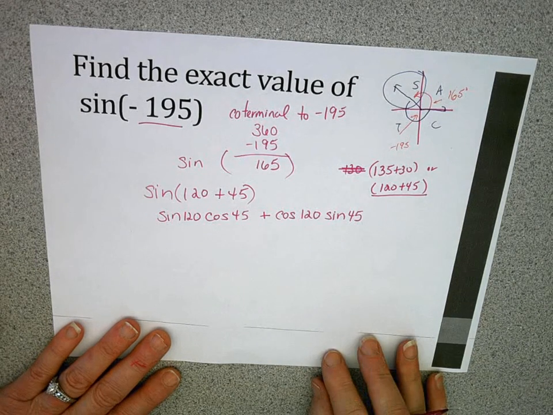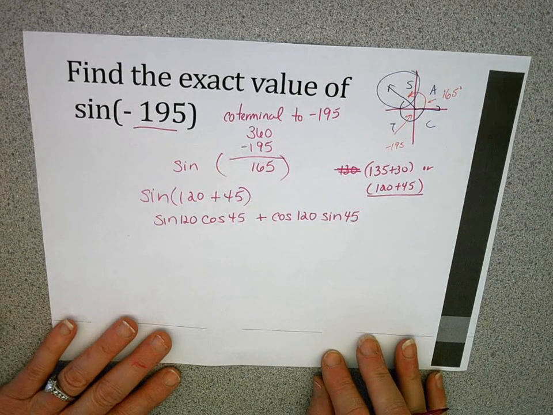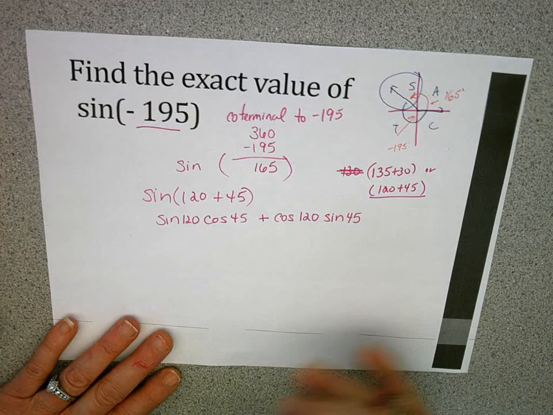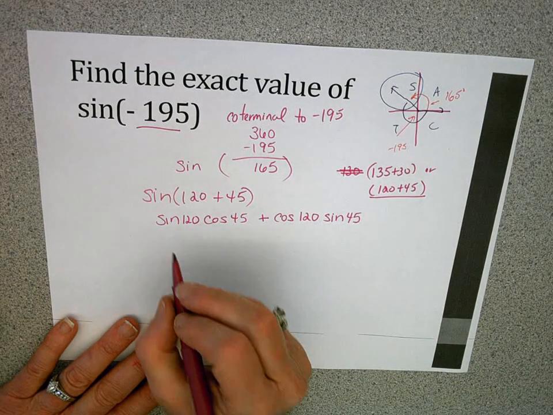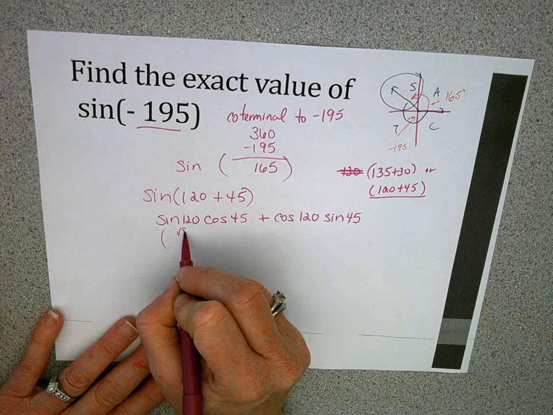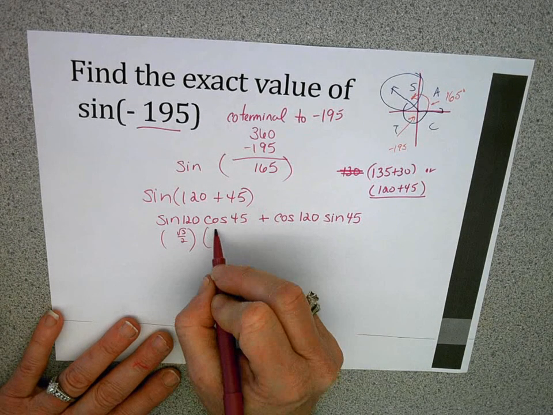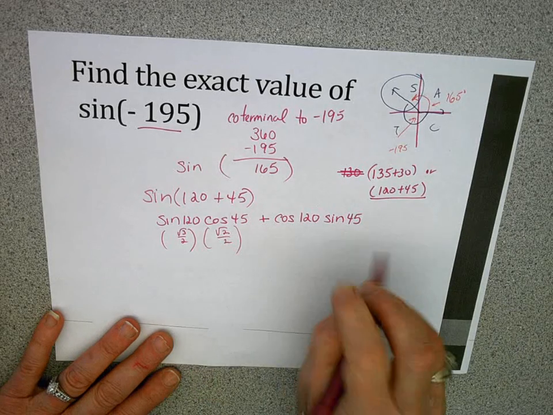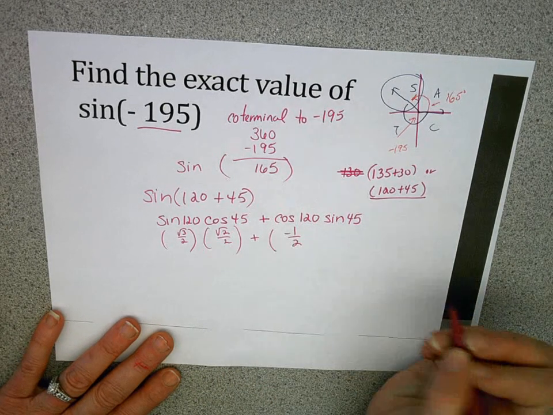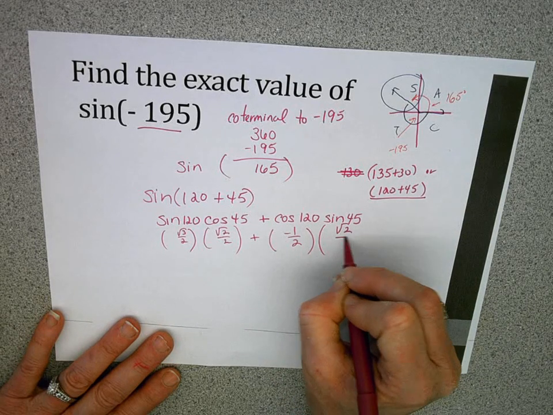So this is just a review question. Okay, when it says find the exact value, that means you should actually get the answer in square roots, not a decimal on a calculator or anything. Sine of 120, okay, that's radical 3 over 2. Cosine of 45, radical 2 over 2. Cosine of 120, be careful, that's a negative, negative 1/2. And sine of 45, radical 2 over 2.